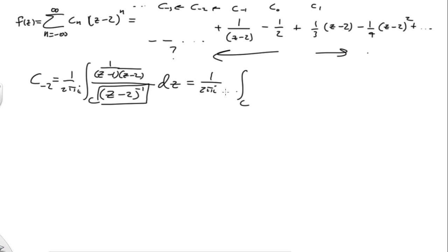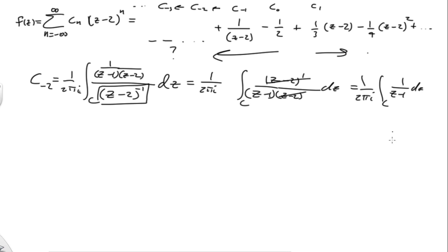And what happens then, of course, is that it becomes 1 over z minus 1 times the z minus 2. And then, of course, this goes in the numerator, so we get z minus 2 in the numerator again. They cancel, dz, and that becomes 1 over 2 pi i, integral over c of 1 over z minus 1 dz.